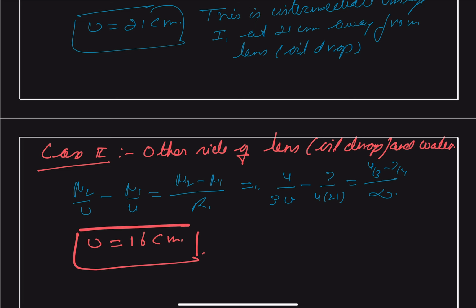Okay, here I forgot to mention that this I1 will be acting as object for the lens and water combination, for lens plus water.